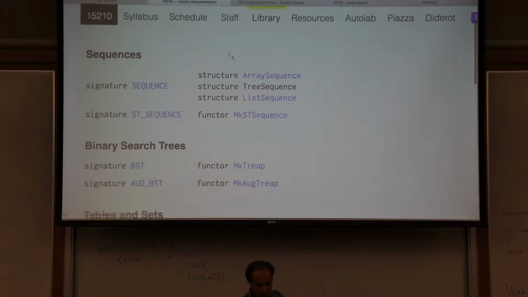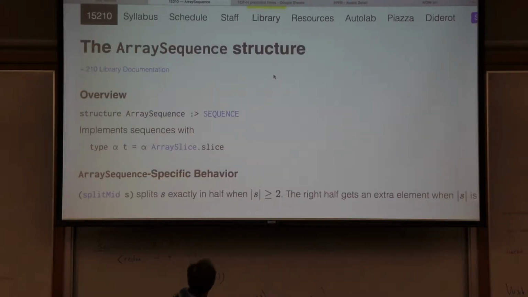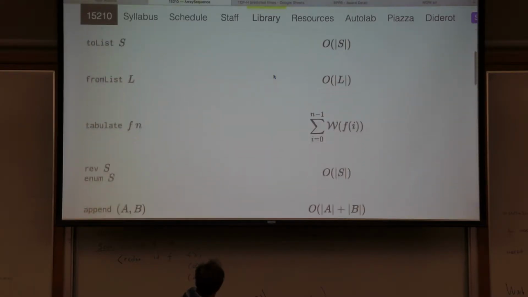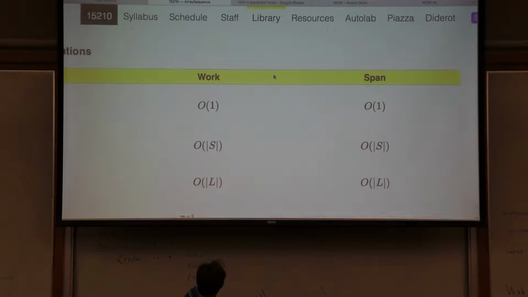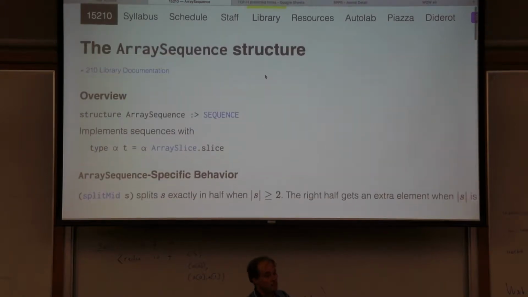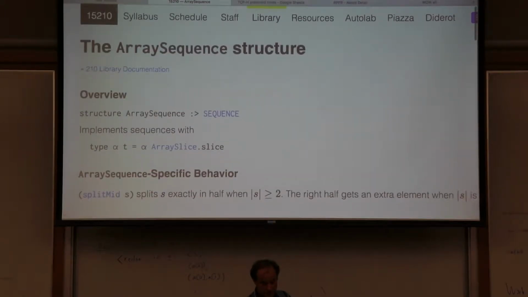And if you go into the particular implementation, it gives you the cost model for each of these. It tells you the work, and if you scroll over, the span for each of the different operations. So this is what the students see, and so they can know what these are when they're analyzing algorithms.